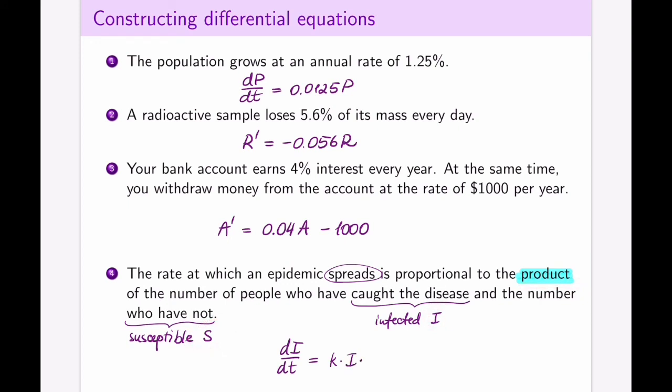So proportional to I times S. And this is yet another differential equation we have not yet seen before. The number of infected individuals isn't just growing as a proportion of itself, but rather as a product with something else. So these two types of equations are something we're going to be studying throughout the rest of the course and something we're going to have to find solutions for as well.